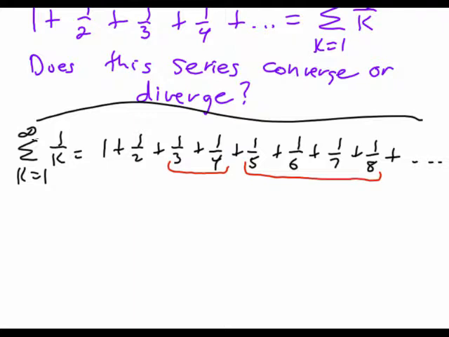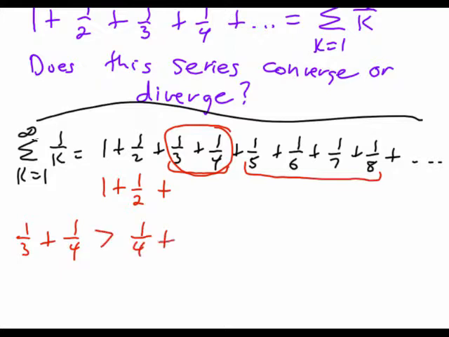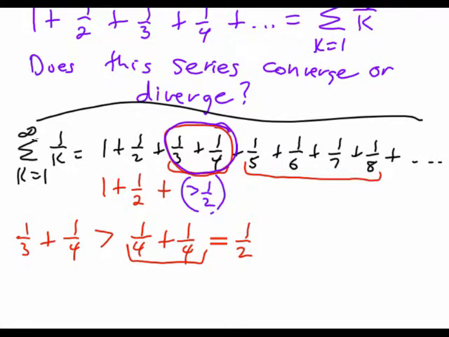So in this series I have 1 plus a half plus, now I'm just going to take these two terms and come down here. 1/3 plus a quarter. I know that's going to be more than a quarter plus a quarter. And this a quarter plus a quarter I know is a half. So what we're saying is that these two terms here, just on their own, add to more than a half as it is. So I'm going to put greater than a half.